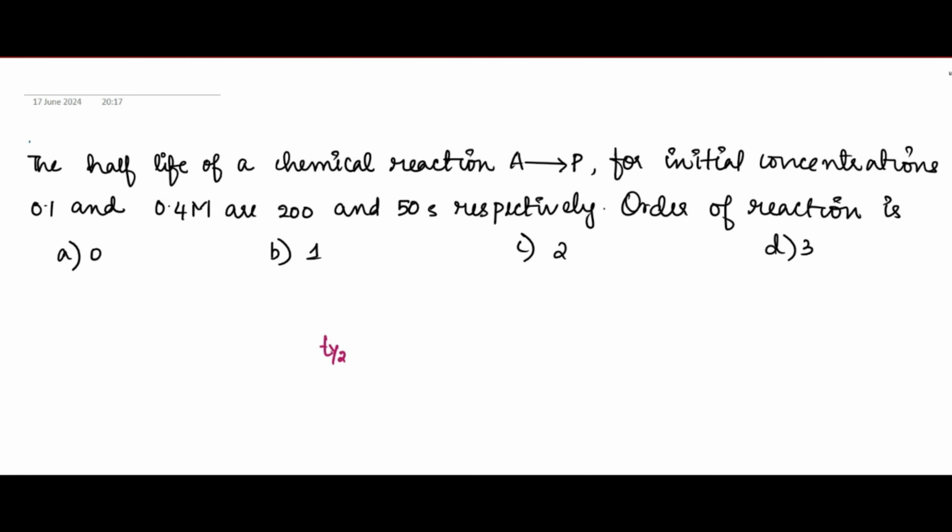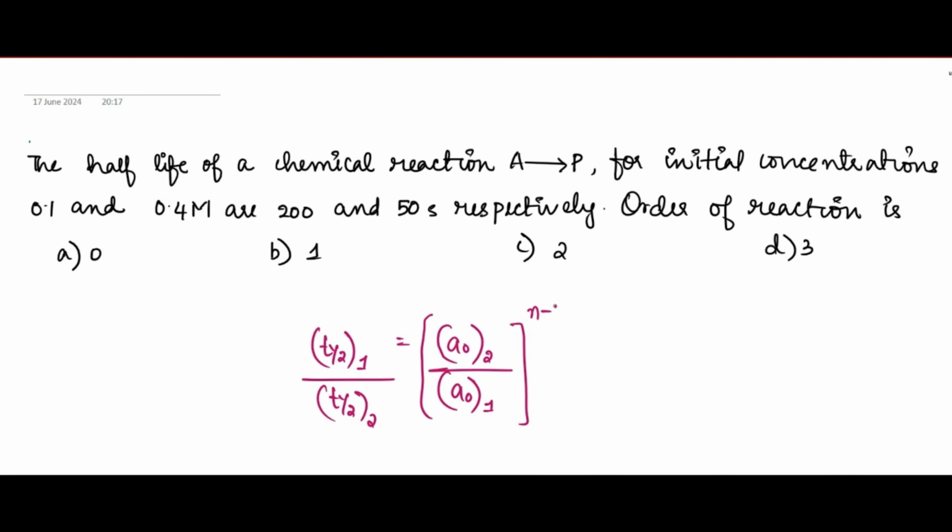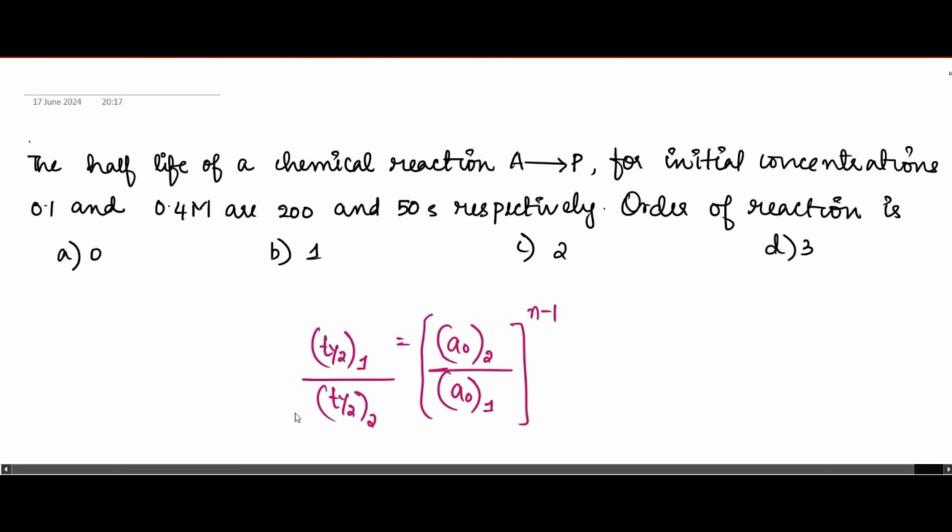You have T half 1 divided by T half 2 is equal to second initial concentration divided by the first initial concentration to the power n minus 1. T half 1 and 2, A0, 1 and 2, you have to find n, right?